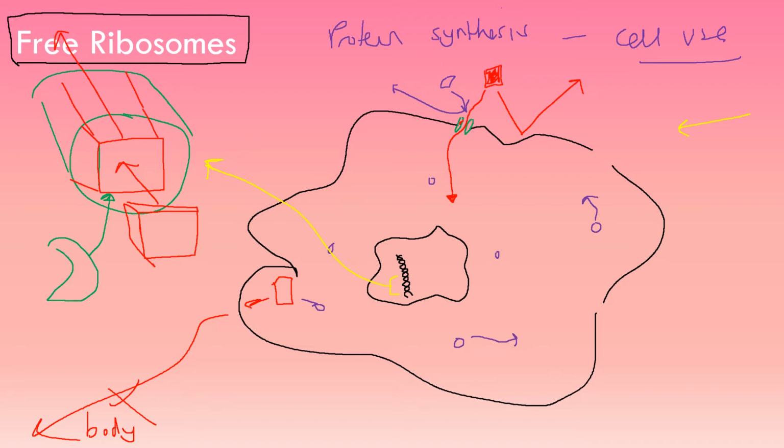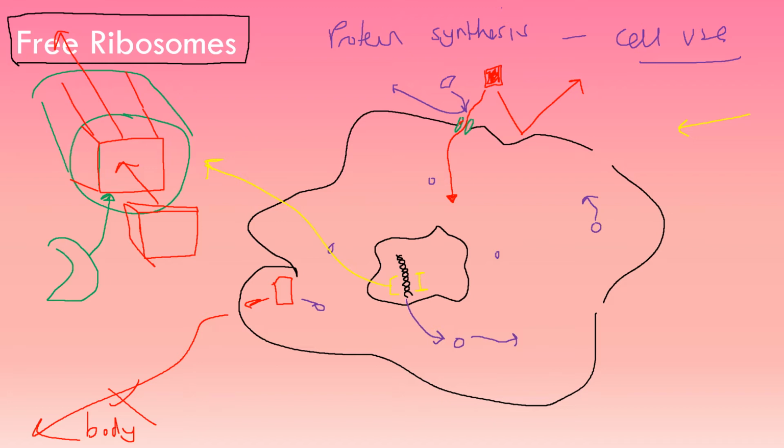Now the DNA is locked inside the vault. It can't go to the site of protein synthesis. It can't go to the ribosomes down here because it's locked in this nuclear membrane. So what it has to do is copy this code right here. This yellow line that I'm making here is the copy of the code. It's like the recipe.